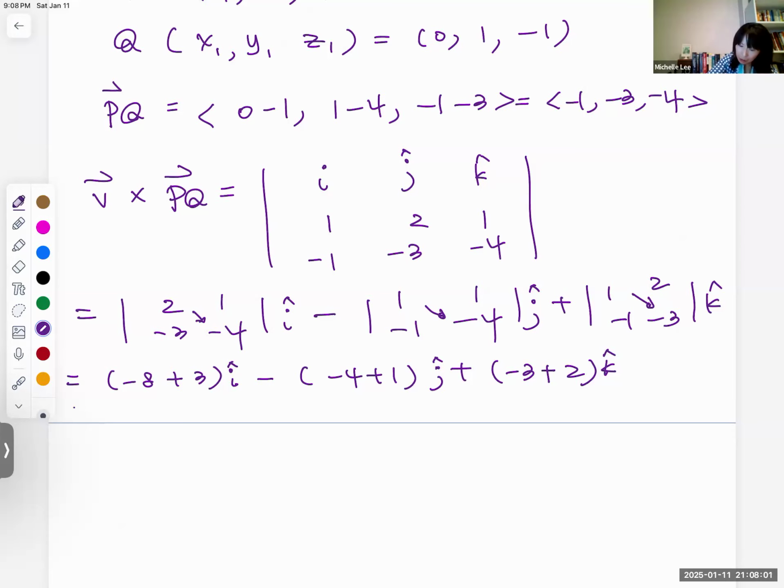All right, so there will be negative 5i minus, so positive 3j minus 1k. So that will be the normal vector, which is the same as -5, 3, -1.